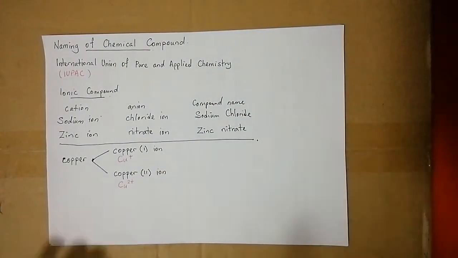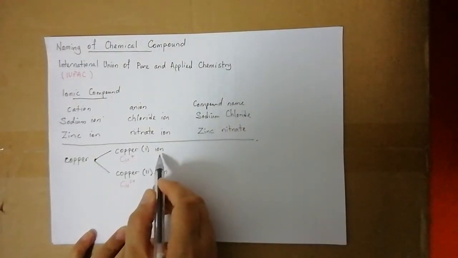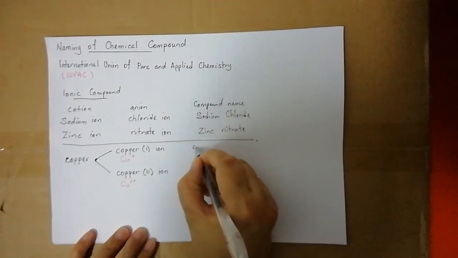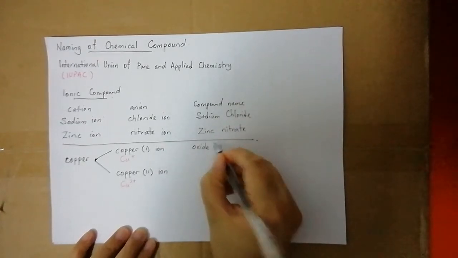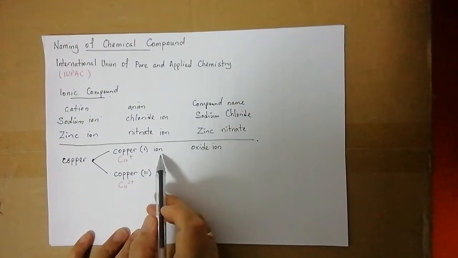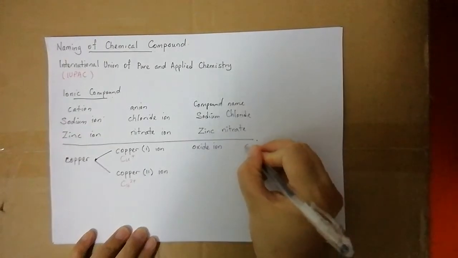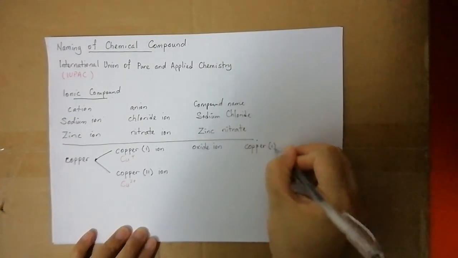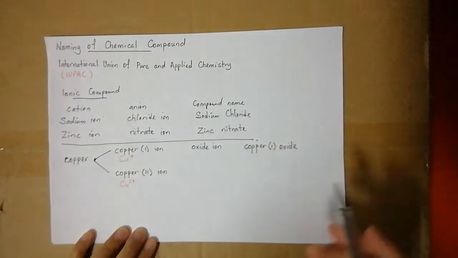Okay, so let's say I combine the copper(I) cation with oxygen, which is the oxide ion. When copper(I) ion combines with oxide ion, we have copper(I) oxide.